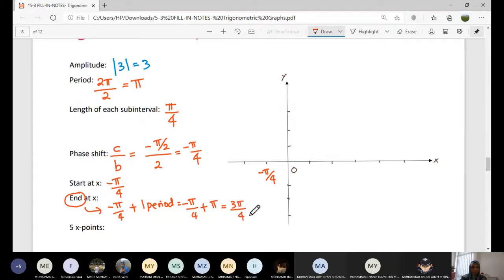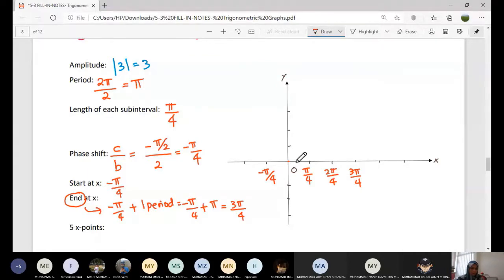Then you can locate the scale. We have negative pi over 4, 0, and pi over 4. Next, we have 2 pi over 4 or pi over 2. Here we have 3 pi over 4. 1, 2, 3, 4, 5. Okay, 5 points.